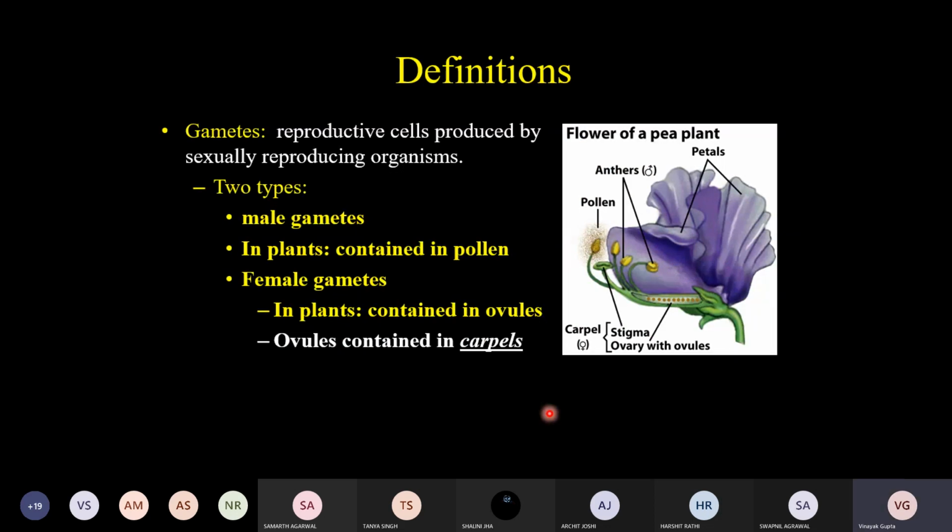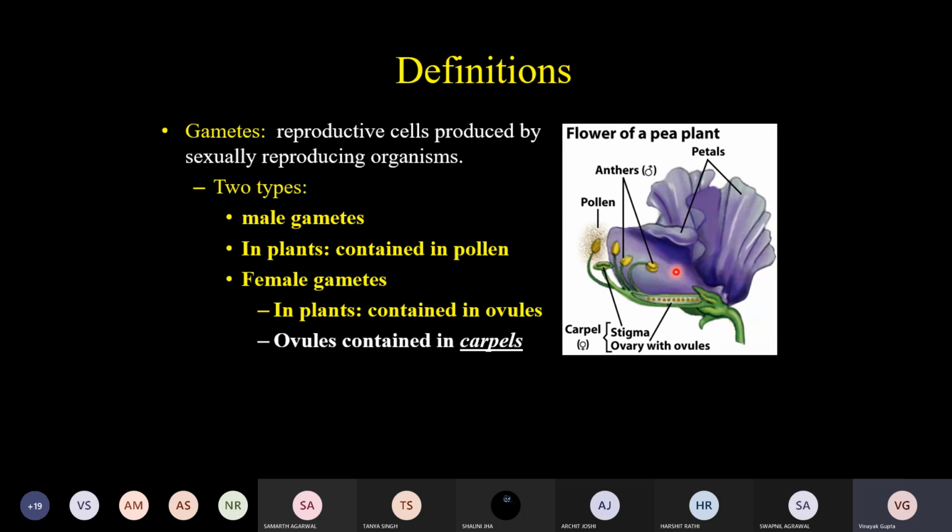So before we go to his actual experiments, let's understand the basic biology of the plant. Here you are seeing a flower of a pea plant. Interestingly, in the pea plant, both the reproductive organs, male gametes and female gametes, are in the same plant.